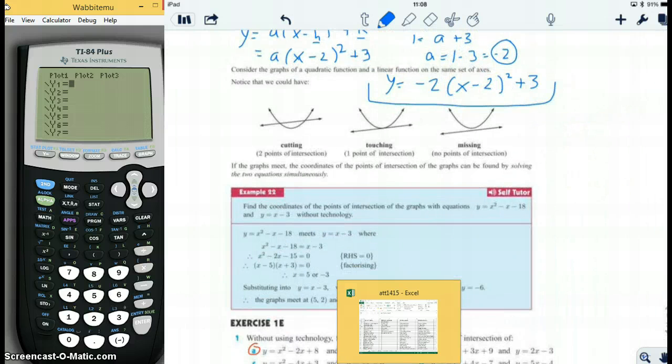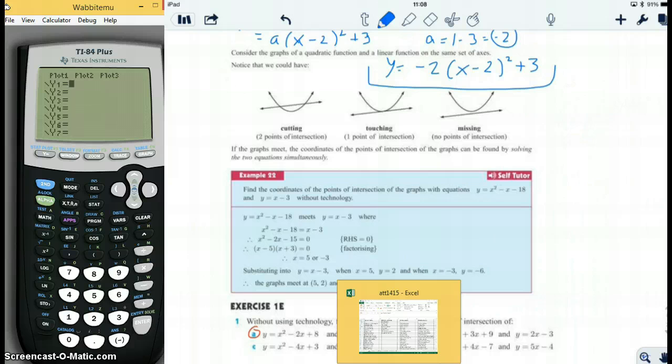Now it says, without using technology, find the coordinates of the point of intersection of, and it gives us the equation for a parabola, and the equation for a line. If you look at the example right above, it says how we can do that. Basically, we need to find the point (x, y) which satisfies both equations.